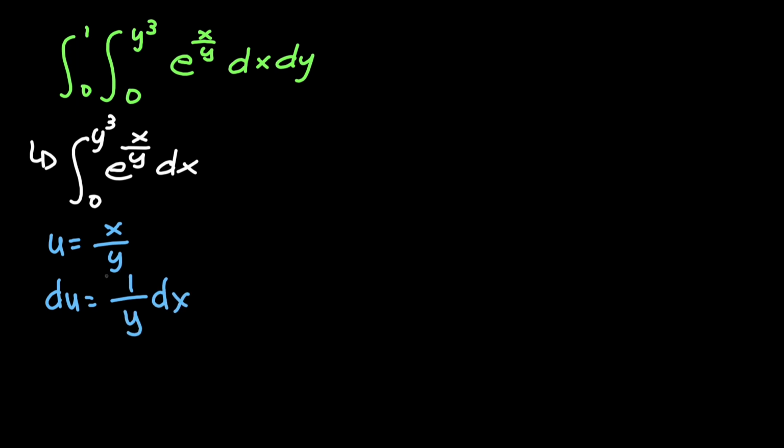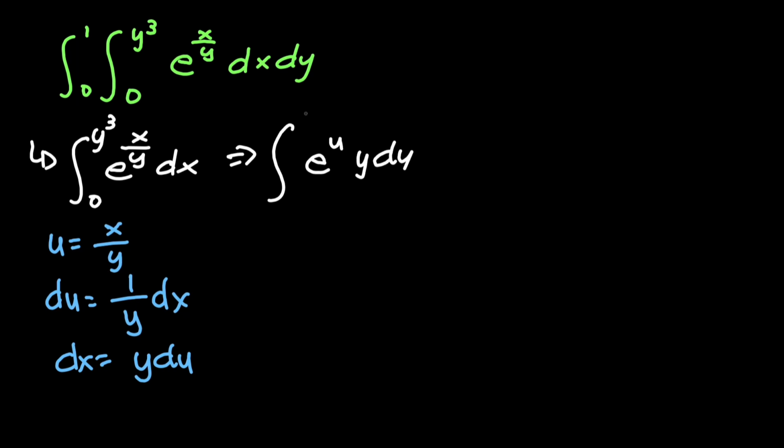Keep in mind that y is a constant here. You will not change anything in here. So this is simply 1 over y of dx. And so dx right here would be equal to y du. So this would be the integral of e^u multiplied by y du.